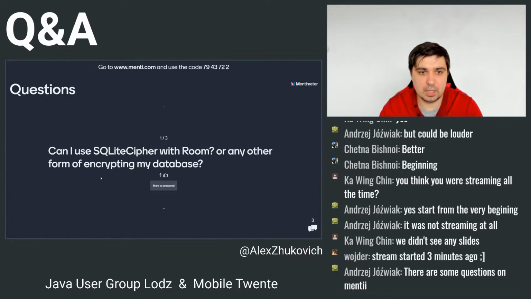Can I use SQLite cipher with Room or any other form of encryption for my database? Some time ago, I saw it was announced that SQLite cipher will support Room database, but I cannot answer for sure if it really supports this combination.